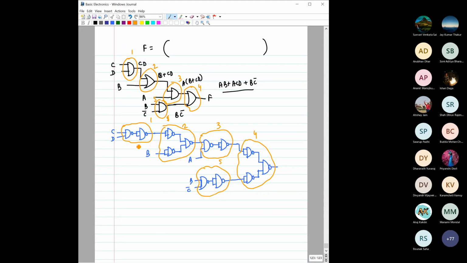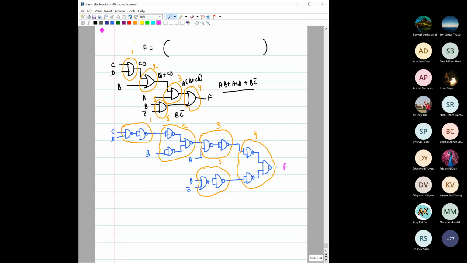What I have done here is simply converted each and every logic operation using the NAND gate. You can do the same thing using the NOR gate as well, once you know how to get the OR and AND operations using NOR gates.